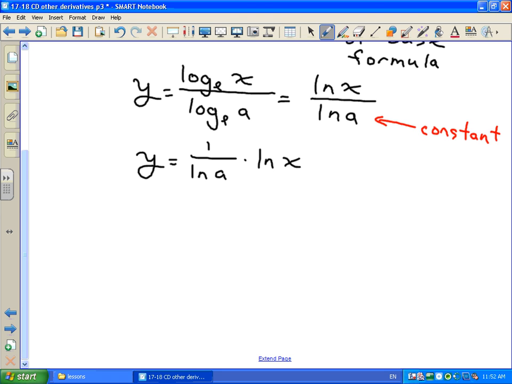So now if we take the derivative, it's just that constant, 1 over ln a, times the derivative of ln x, which is 1 over x.